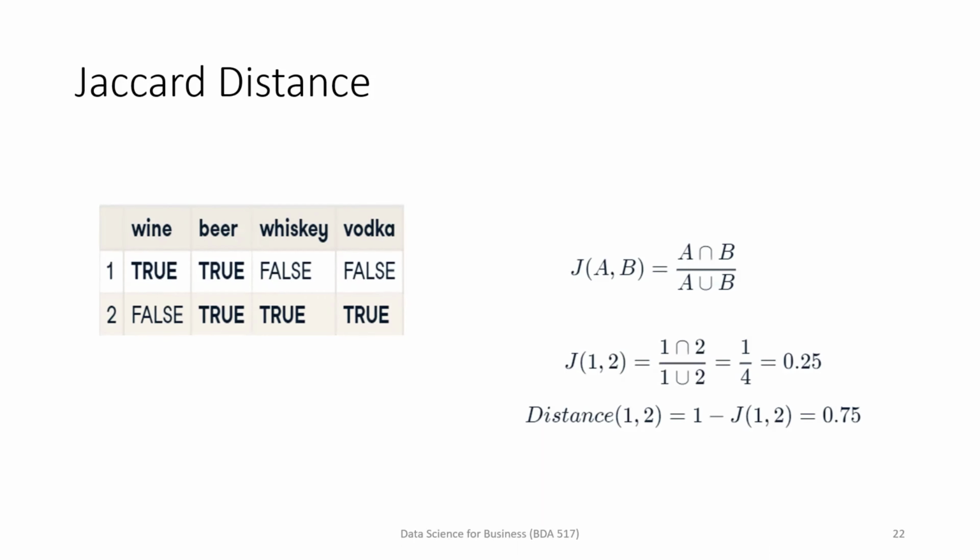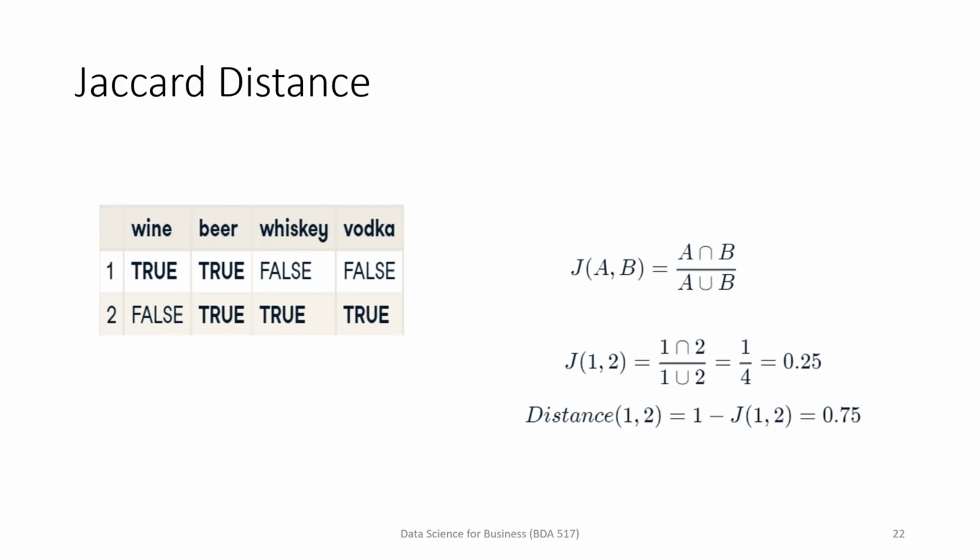Do you get it? Should I go over it? Where you have true, that is the intersection. Here, A1 for observation 1 and 2, true is for beer. So this is where they are the same, and truly the same. So that is 1/4.